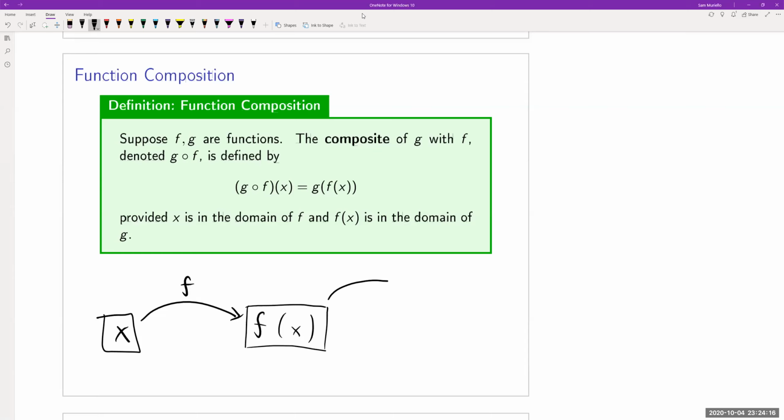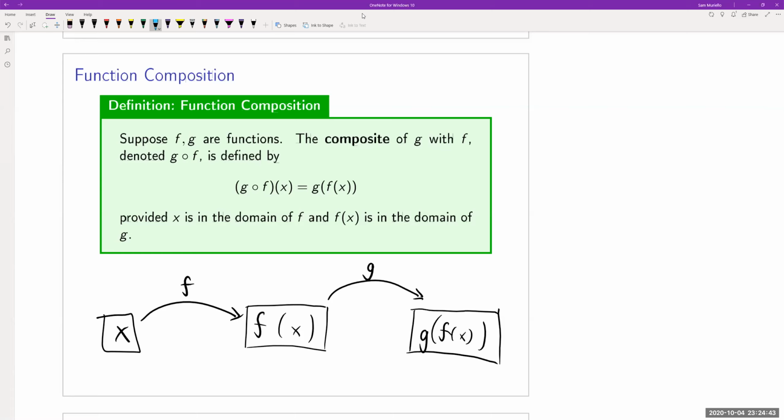I then plug the output f of x into a second function g. This will give me g of f of x. So the output of the original function becomes the input of the second function. In other words, the original variable passes through two functions back to back.